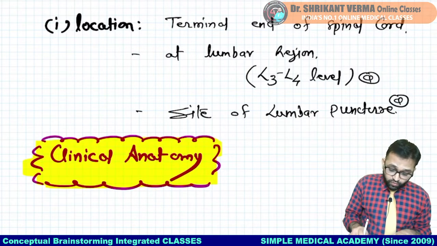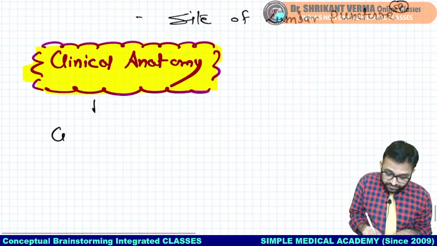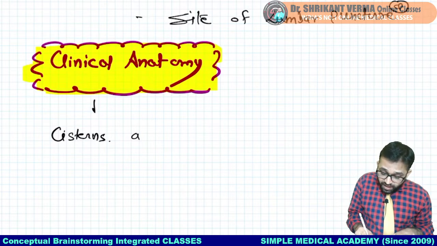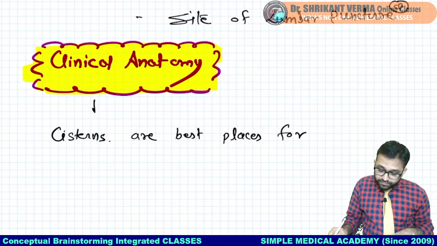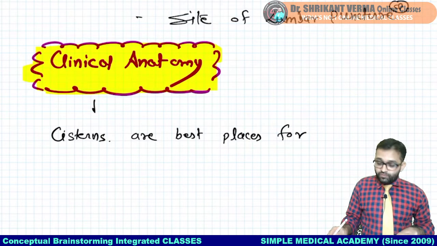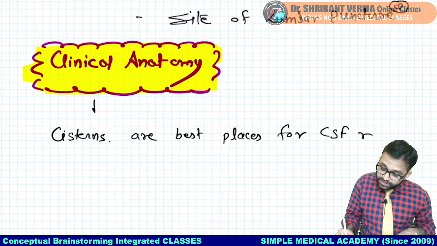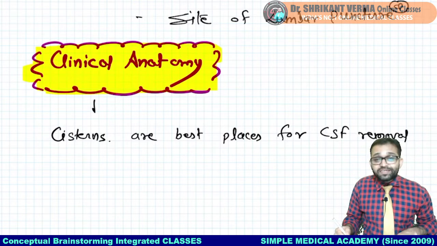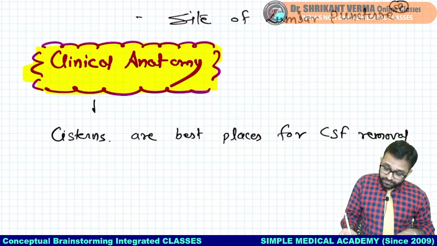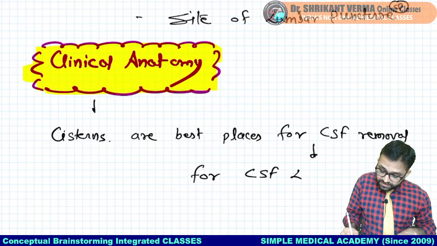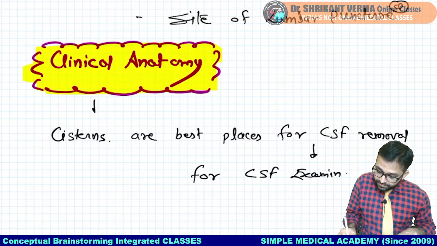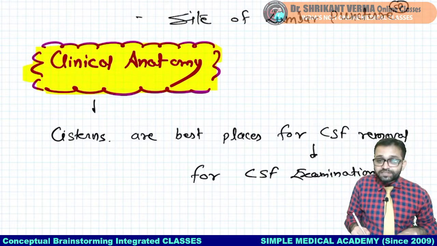So first point, what you have to remember, is that cisterns are the best places for CSF removal. If you have to remove CSF for examination, then it is the best site for CSF examination.